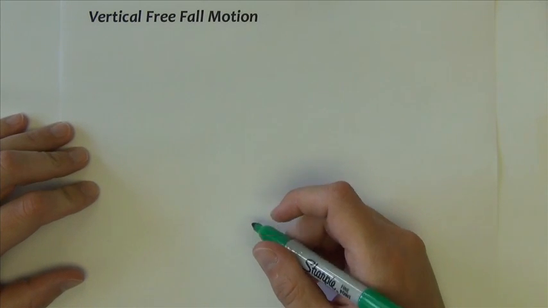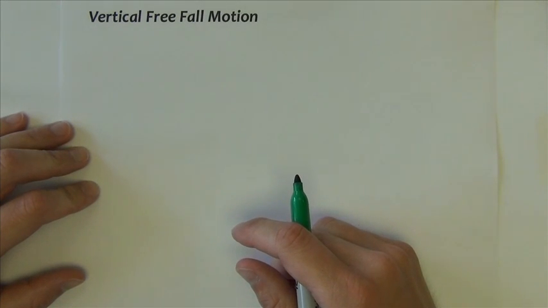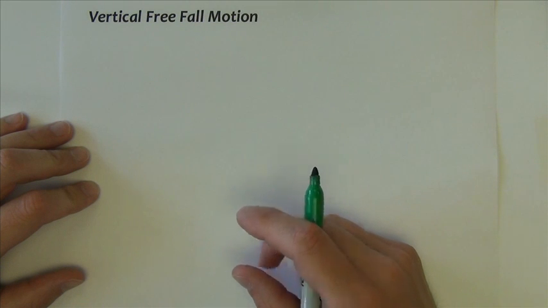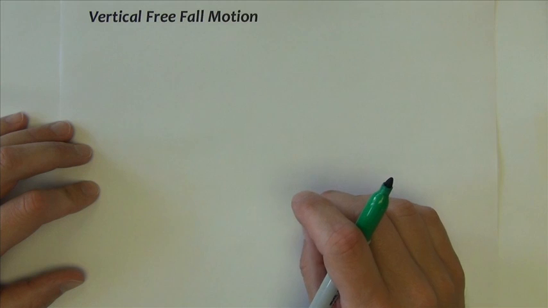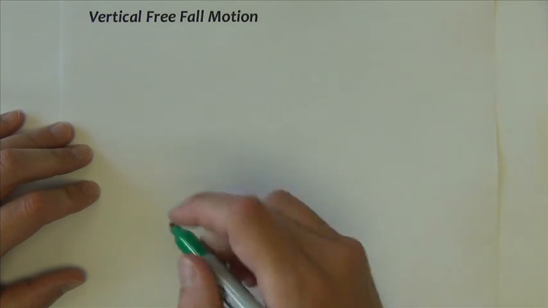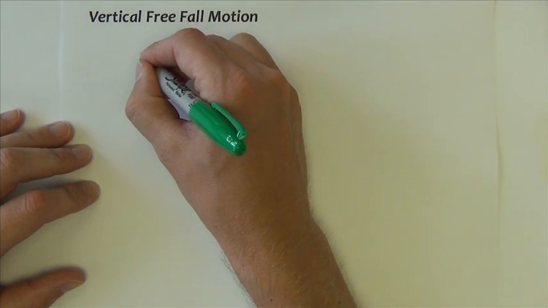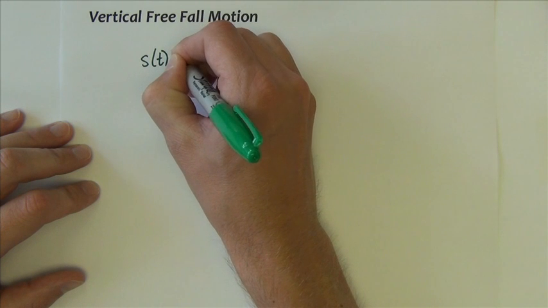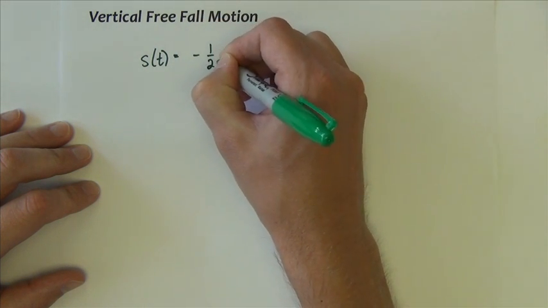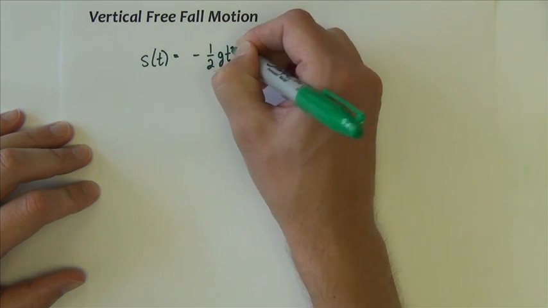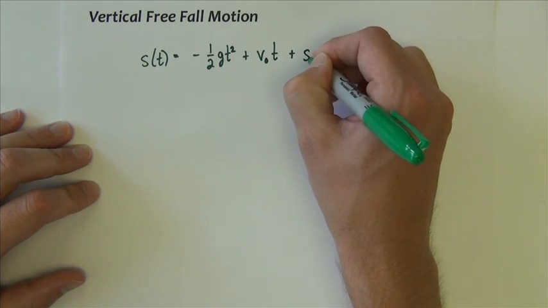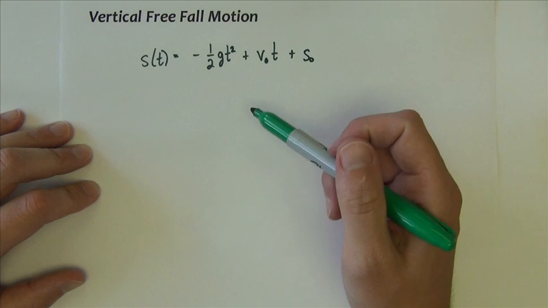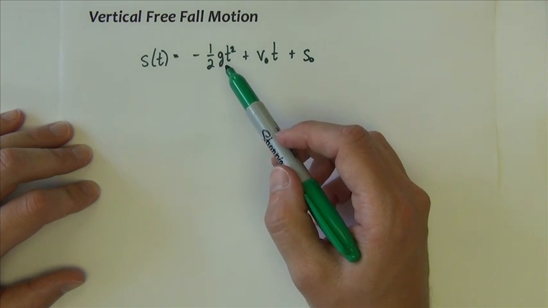Finally, let's do a little vertical freefall motion problems. This is something that we've seen before. We've actually described it as a position model before. It looks like this. We actually described it a little more specifically.